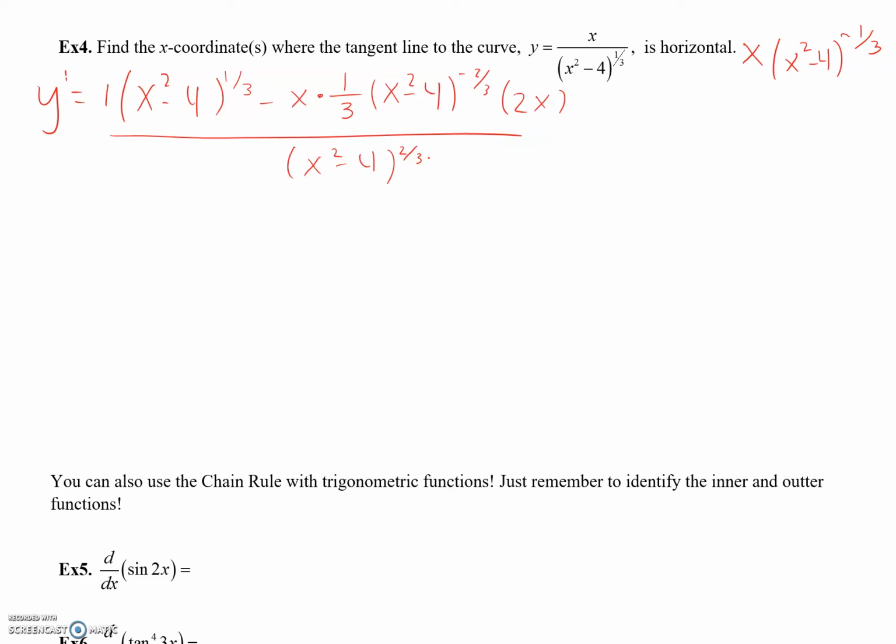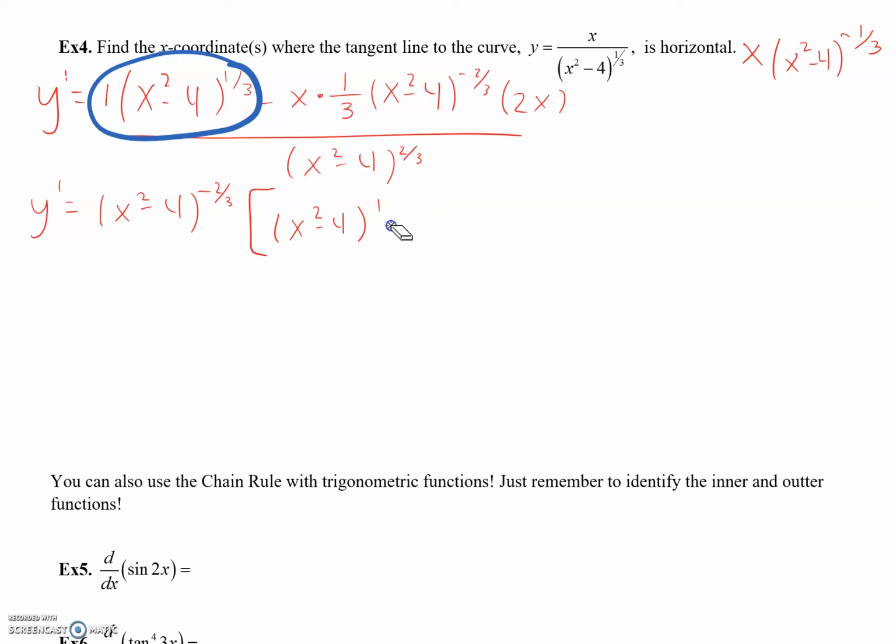And here again, I get to do a little bit of factoring. So in the numerator, I'm going to factor out, let's see, an x squared minus 4 to the negative 2/3 power. I like to take out the one that is most negative. So when I look at what's left, this first piece definitely has an x squared minus 4 left over. It's going to be to the first power.